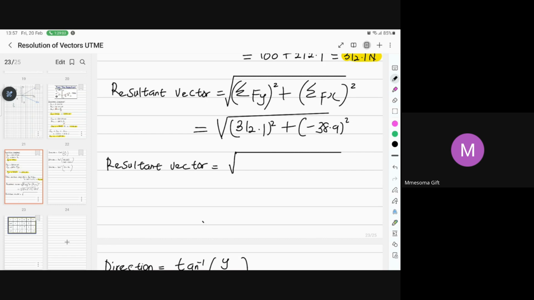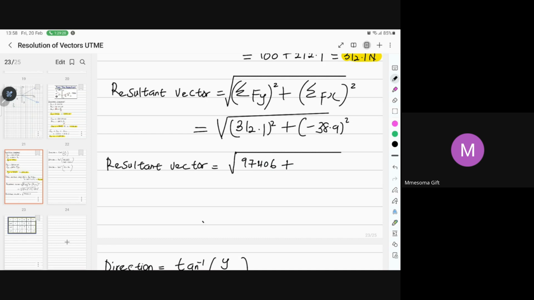97,406.41. 312.1 squared is 97,406.41, right? Let's use that. Plus 38.9 squared. It has a negative.